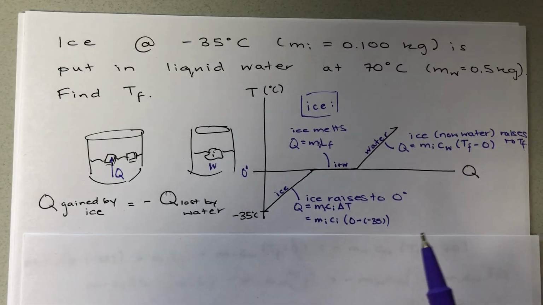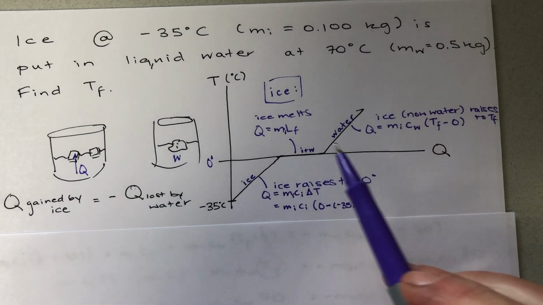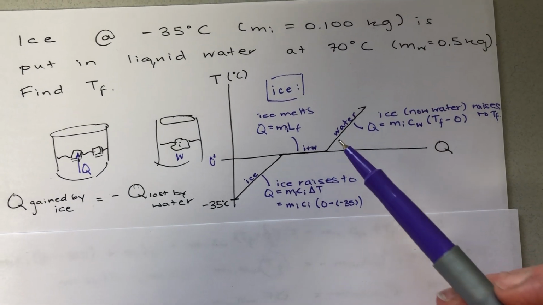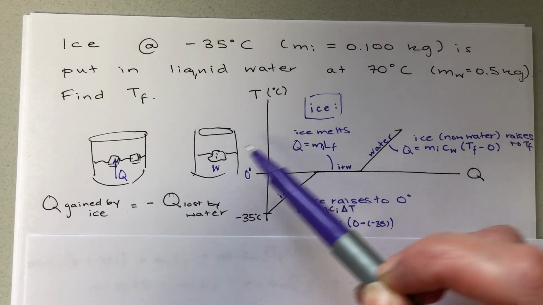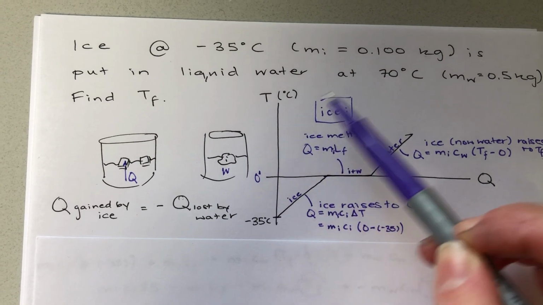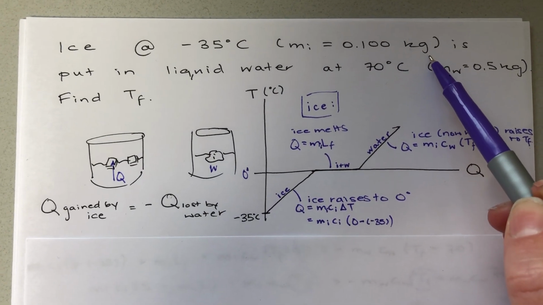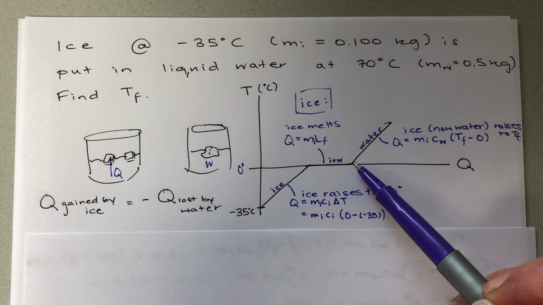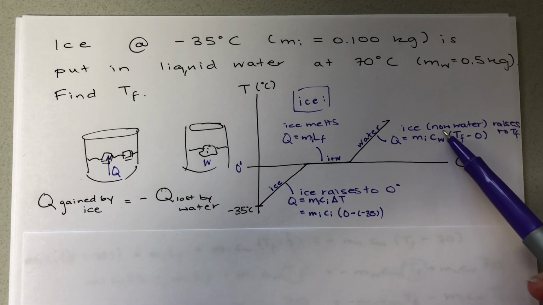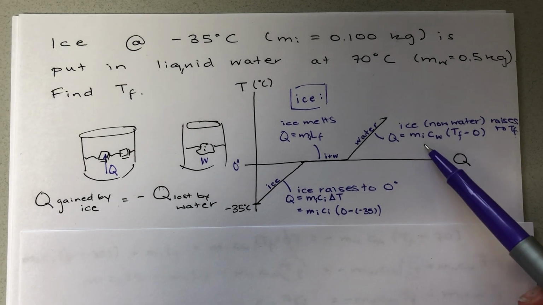And so this is where that added complexity occurs, because now the mass is still the same because we're still dealing with the original mass of the ice. So that was that 0.1 kilograms. But now, because all of it is melted into water, we have to use C of the water. So that's where my error was here.